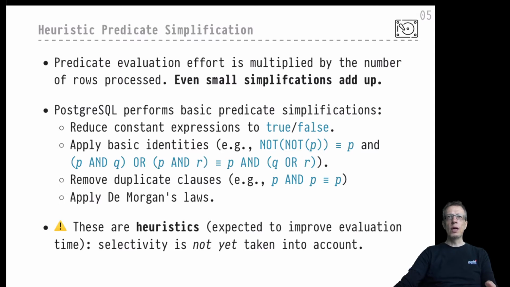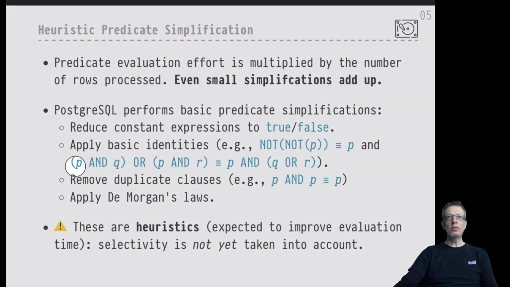Then, of course, we will apply basic identities like double negation can be removed, or distributivity laws that we can apply. So here you can see that we factor out the p that occurs in both of these Boolean subpredicates. We could factor it out and evaluate it once only and rewrite the predicate to use fewer Boolean connectives.